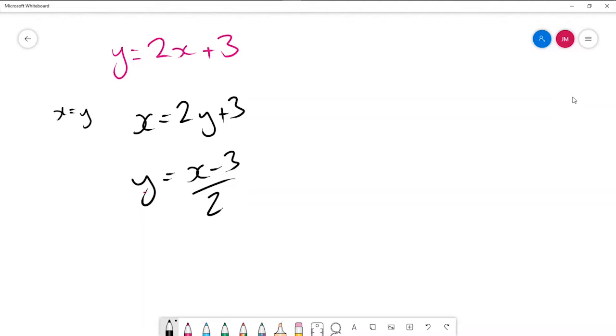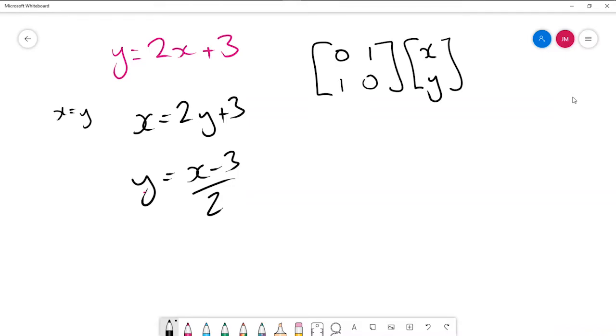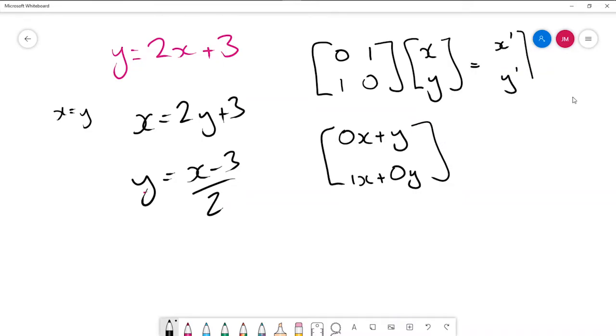If you want to use matrices to swap the x and y, or reflect in the line y equals x, we can use the matrix (0, 1, 1, 0). And we'll notice when we multiply that by the matrix (x, y), we end up getting 0x plus 1y, and then 1x plus 0y, and that will equal the image of our new graph.